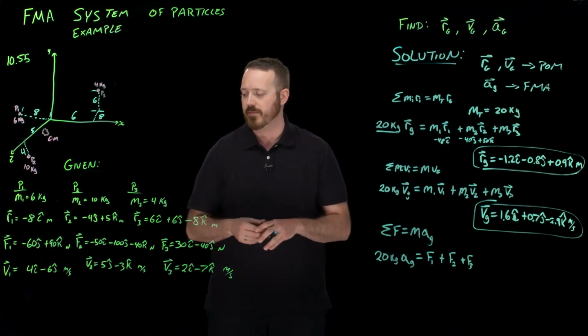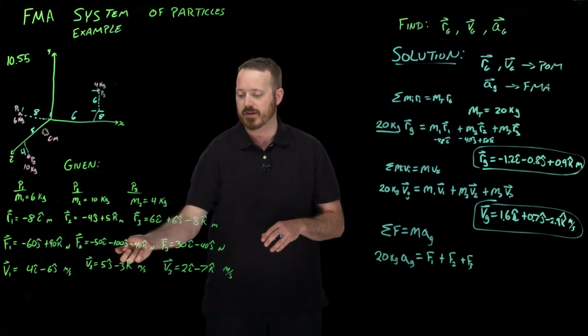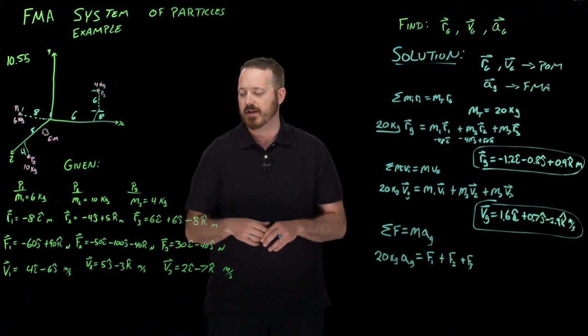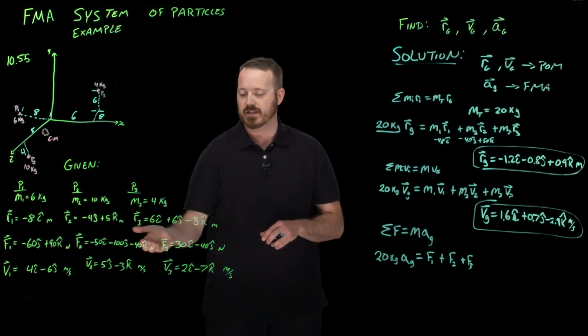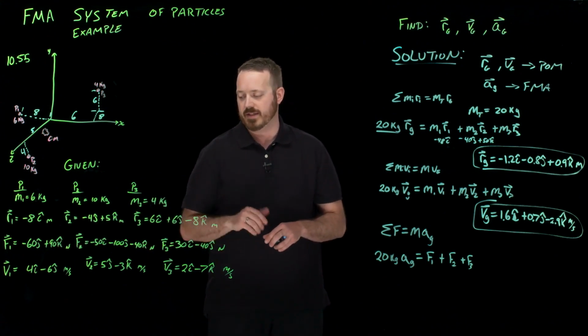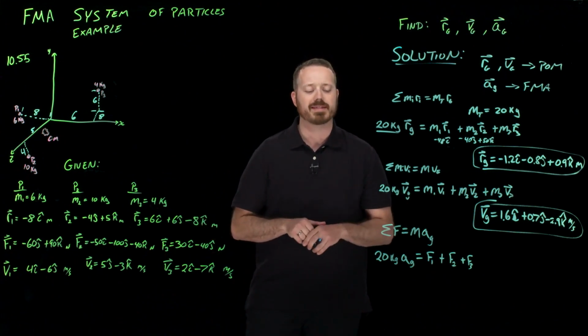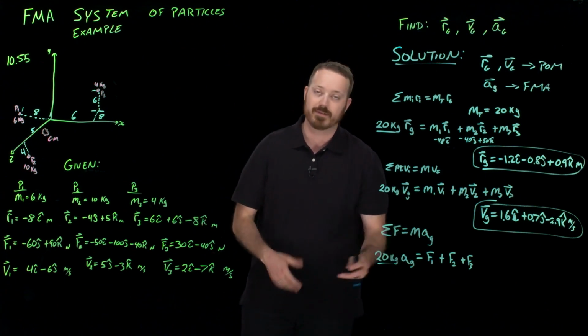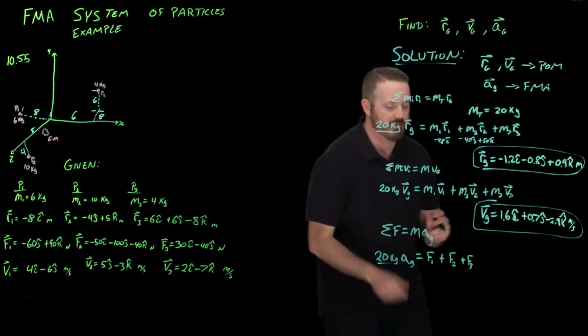There's no j component for F1, so take 100 and 40, you get negative 140, and then k, you get 90, minus 40, and then minus 0, because there's no k component of F3. Put all of those pieces together, divide out your mass again, and you'll come up with the acceleration of that mass center.